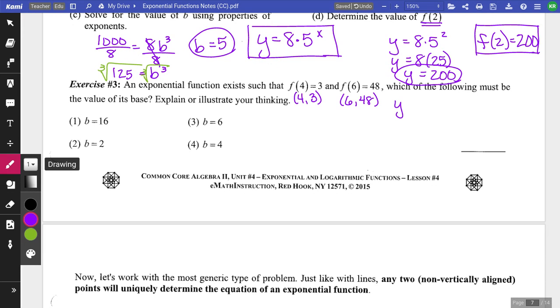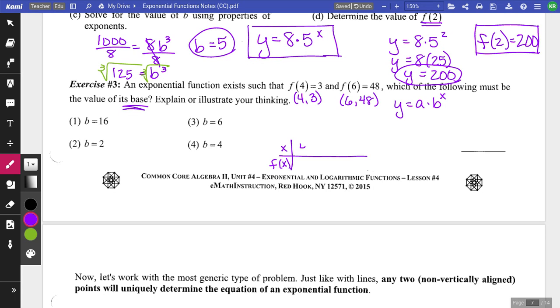But when you look at this equation, a times b to the x, b is the base of that exponent. So when it says what's the value of the base, it's looking for that b or that growth factor. We're given a couple pieces of information, but again, we don't really know what b is.